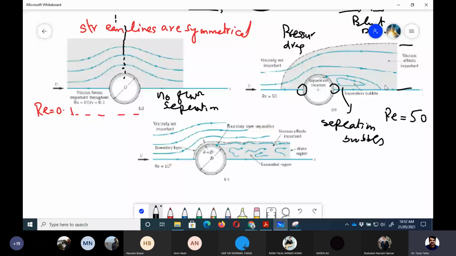Now, if we increase the Reynolds number even more, like Reynolds number equal to 1 million, you can see that in front of that body the viscous effects are limited to a very minute area. Let me show you this area.